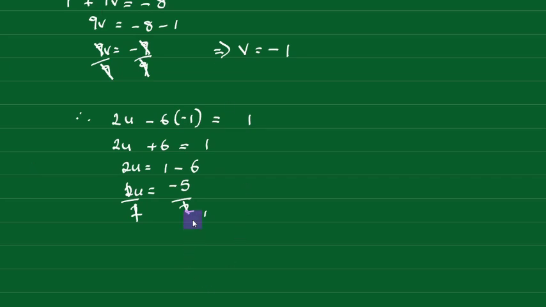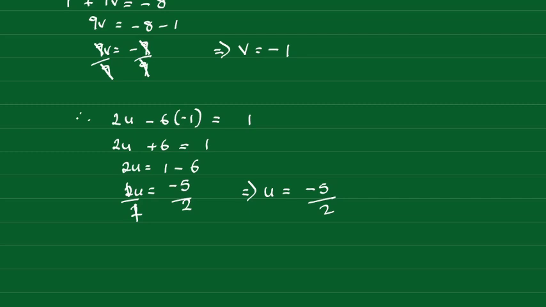Sorry for that. Quickly we erase this. So we have 2 cancel 2, but 2 cannot cancel minus 5. So this gives us u equal to minus 5 over 2.